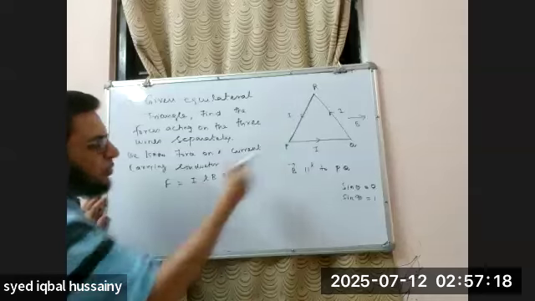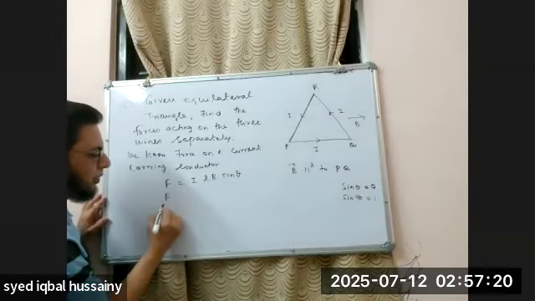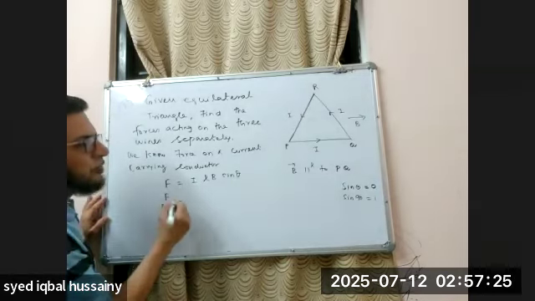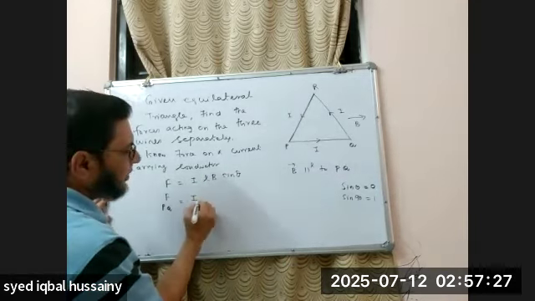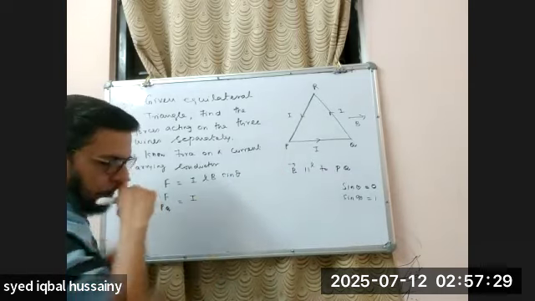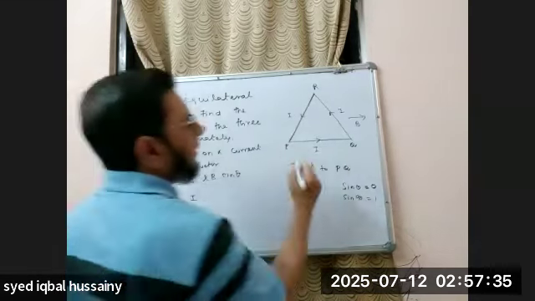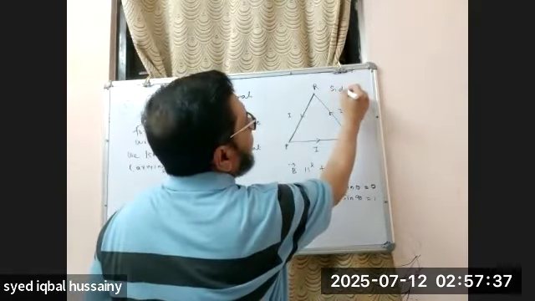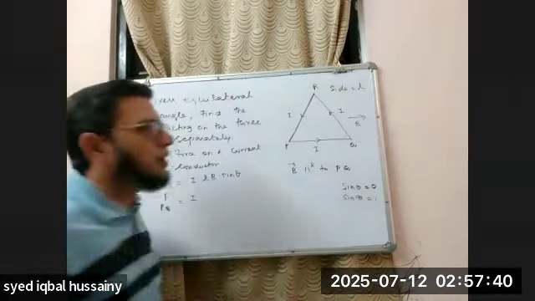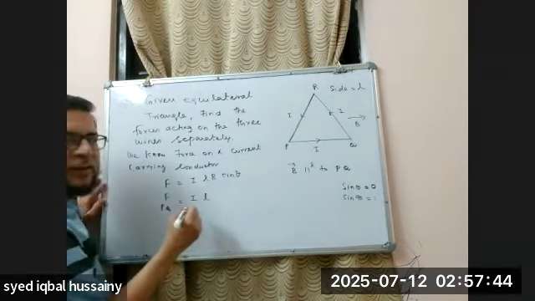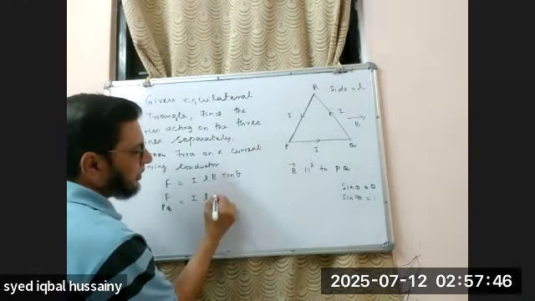First we will calculate the PQ conductor, the force on PQ. What is the current? Current I is given. Length of the conductor: the same length, equal to L. Yes, all sides are L, equal length is given. Magnetic field B is given.